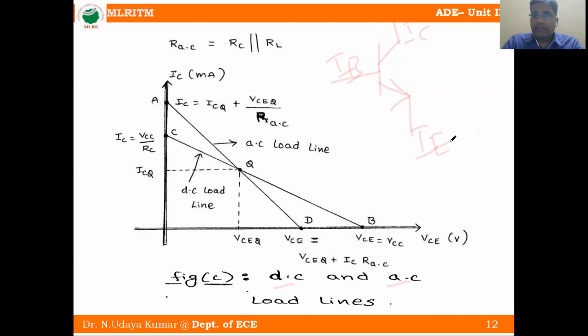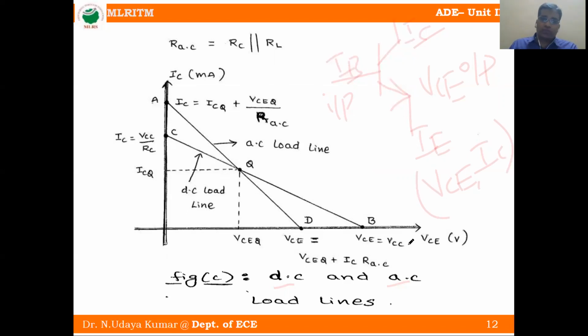Left hand side we call input, right hand side we call output. At the output side, what are the parameters? Between the emitter junction and collector junction we have the VCE voltage, the collector emitter voltage, and the collector current. So what is the Q point? Q point is nothing but VCE comma IC. We call it the Q point or quiescent point or operating point.